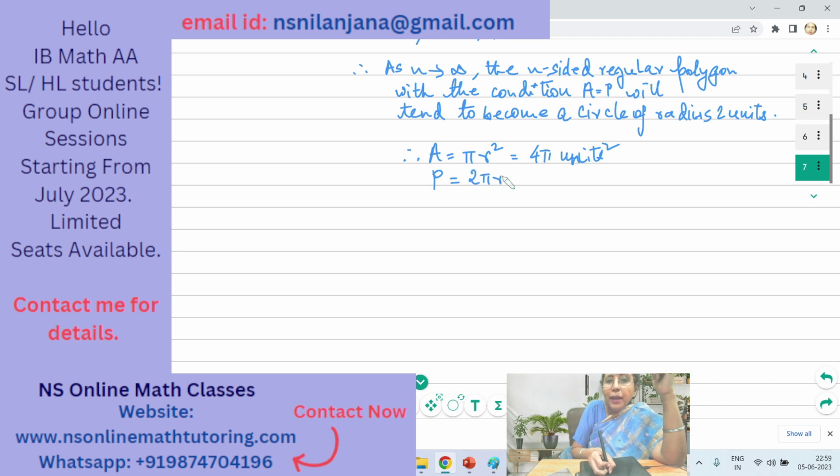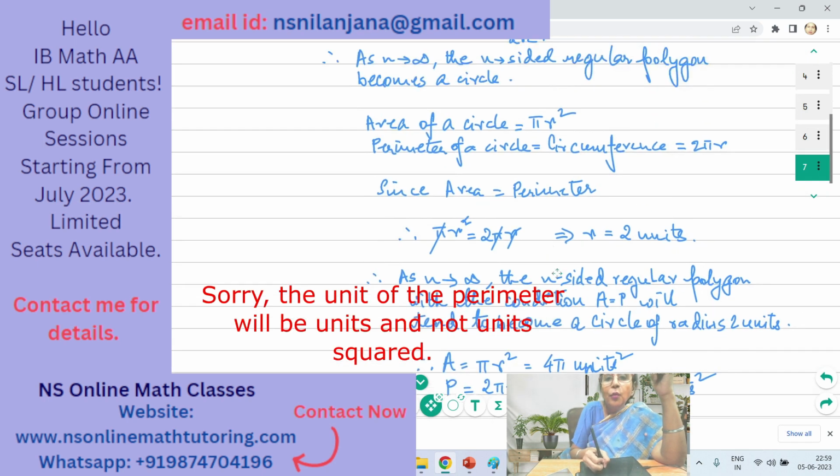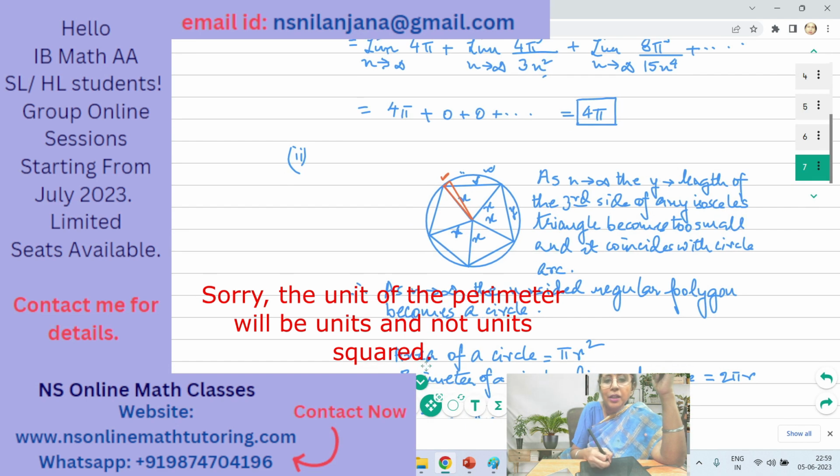P equal to 2 pi r equal to 2 pi times 2, that is 4 pi unit square. Why am I writing this? Because we had got the limit expression to be equal to 4 pi.